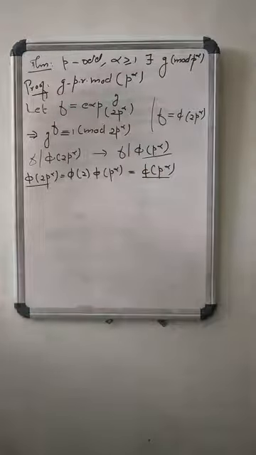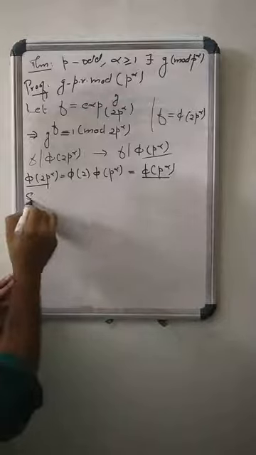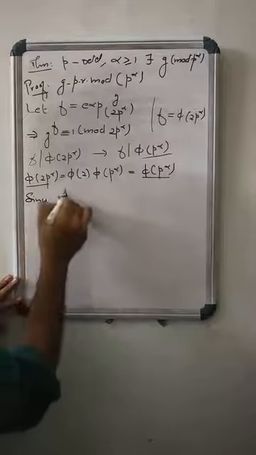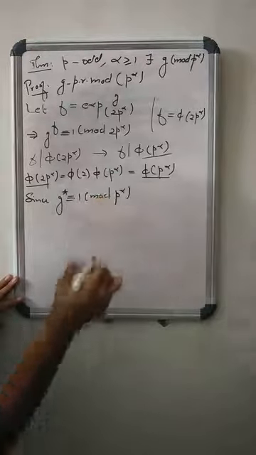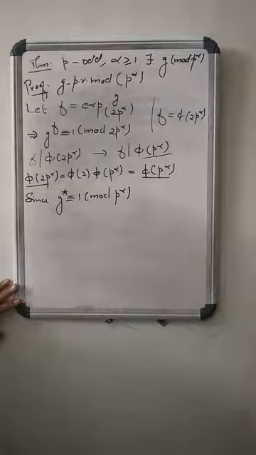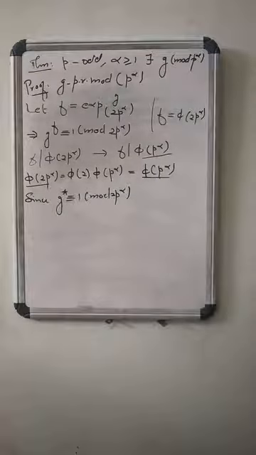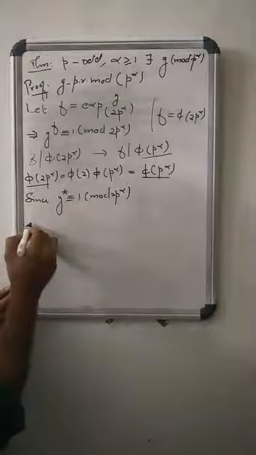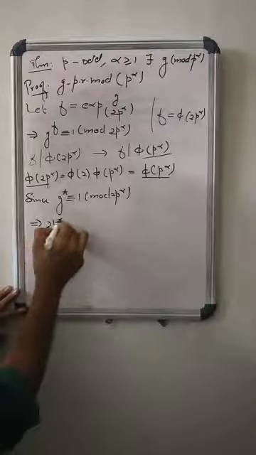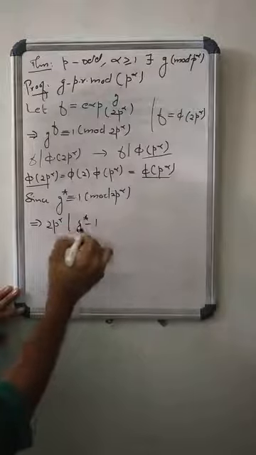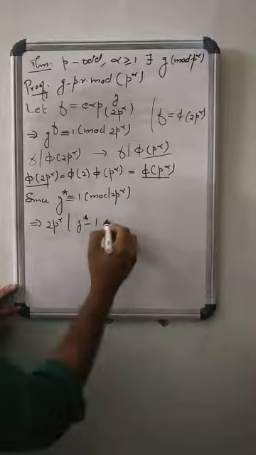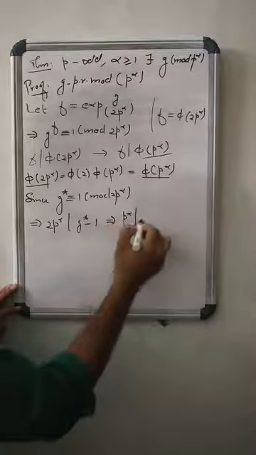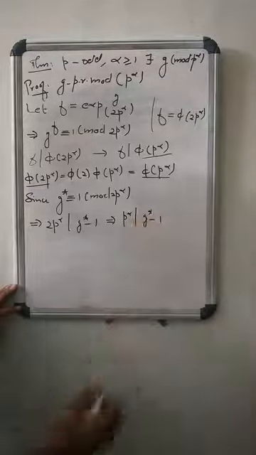Now, since g^f is congruent to 1 mod 2p^alpha, that means 2p^alpha divides g^f minus 1. So 2p^alpha divides g^f minus 1 means surely p^alpha divides g^f minus 1.